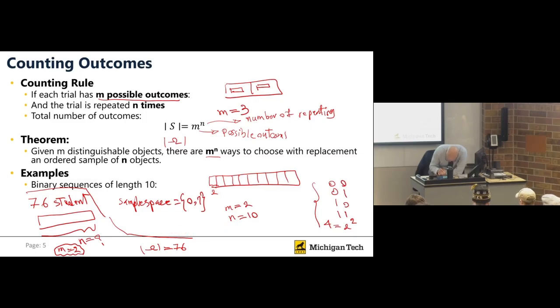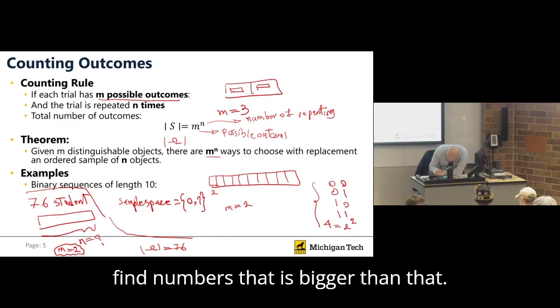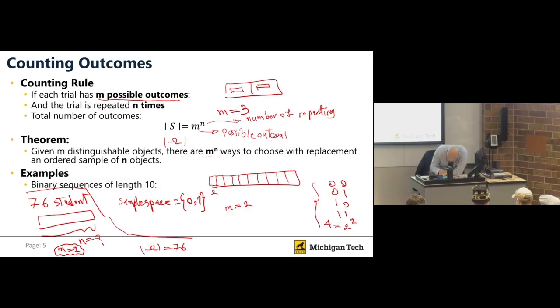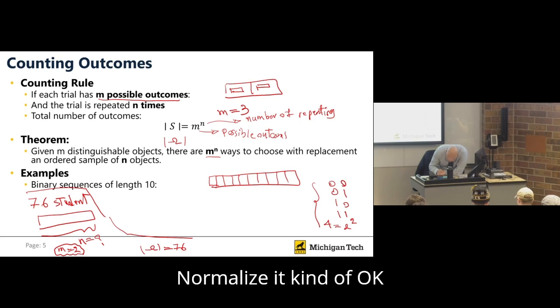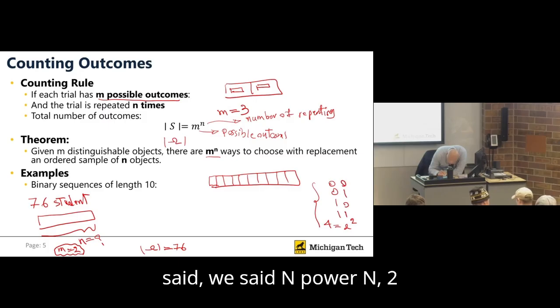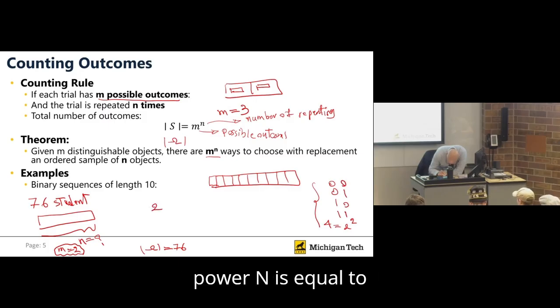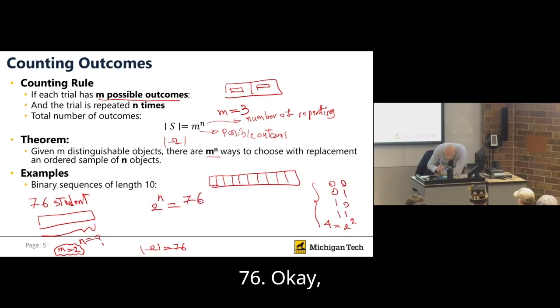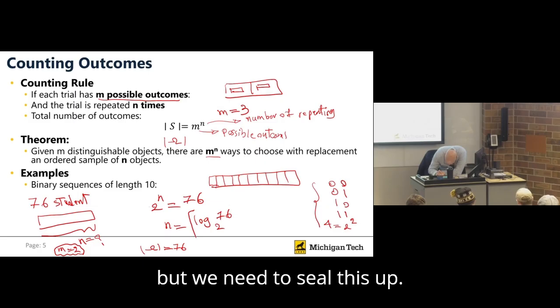Seal it means find a number that is bigger than that. Normalize it, kind of. So what we said, m to the power n, 2 to the power n is equal to 76. So n is log of 76, but we need to seal this up.